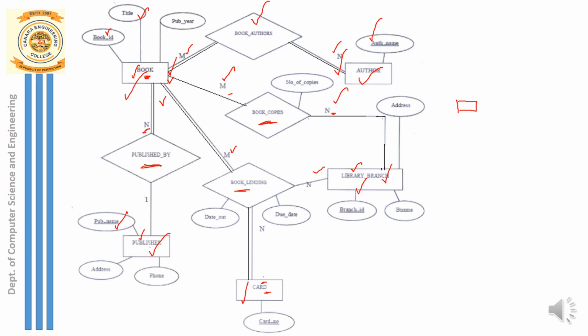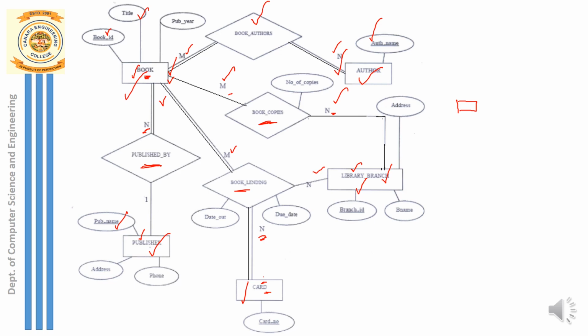In a single library, one card can be used only for borrowing one book, but card as an entity refers to multiple libraries located in multiple locations. So the DBMS book can be borrowed with different cards belonging to different libraries. That is why I have taken n from the card side, that is, n number of books can be taken from cards.